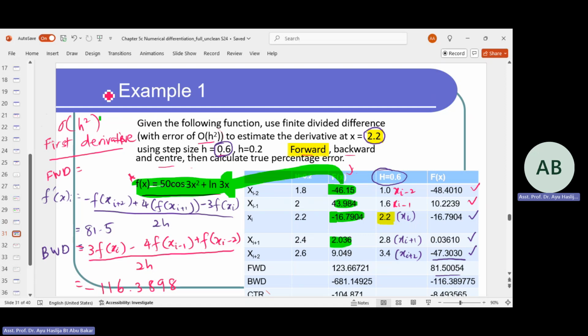So in order to find the final answer for this example, you need all this data.